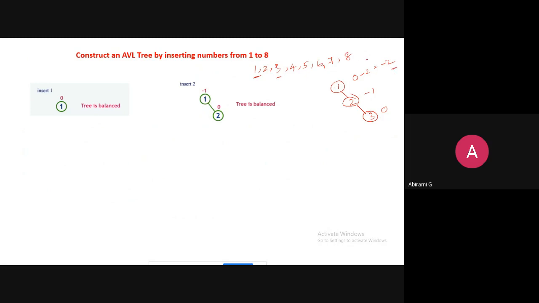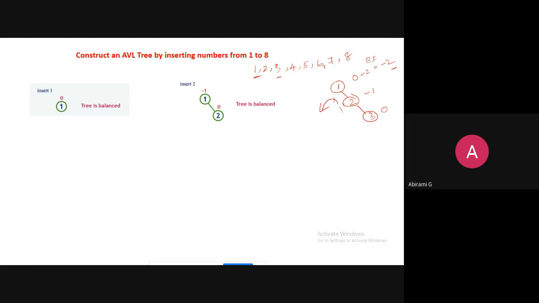So the balance factor equals -2. This is a right-skewed, right-imbalanced tree. Then what do we have to do? We have to do a left rotation. To make it balanced, we do a left rotation. Only a single rotation is enough. If it is right skewed, we have to do a left rotation.